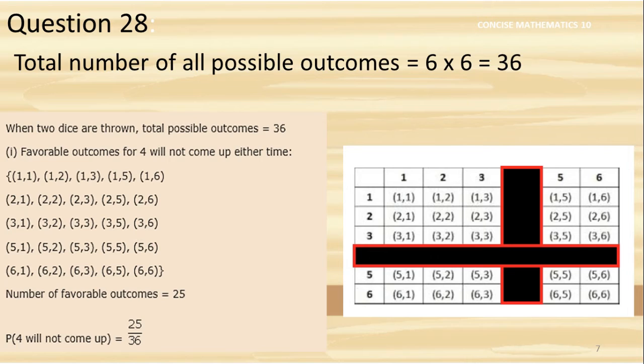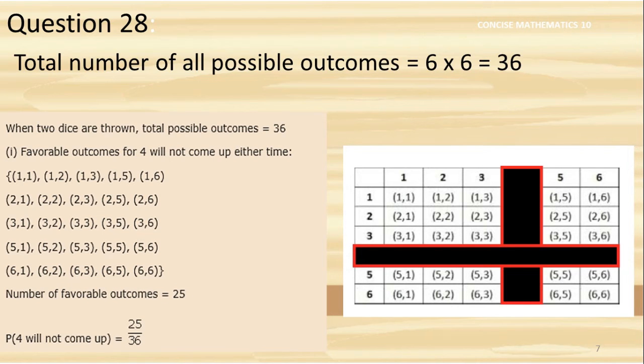Here, the favorable outcome is that 4 will not come up either time. That means in both dice, 4 is not at all possible to come. So all the outcomes with 4 are blocked. If you count the remaining outcomes, it results as 25. Hence the probability is 25 by 36.